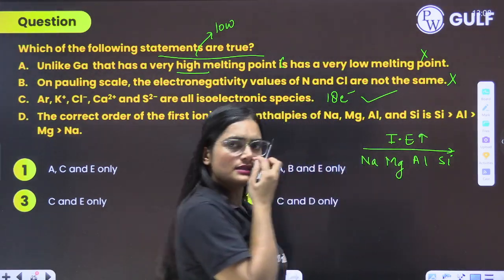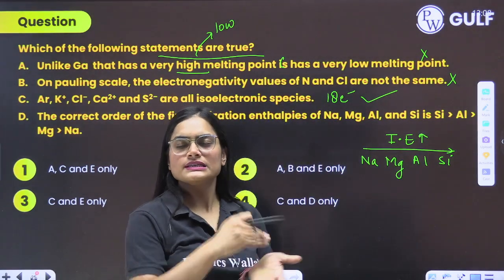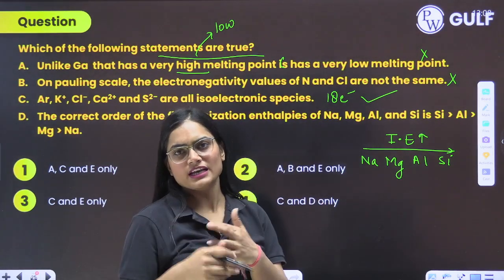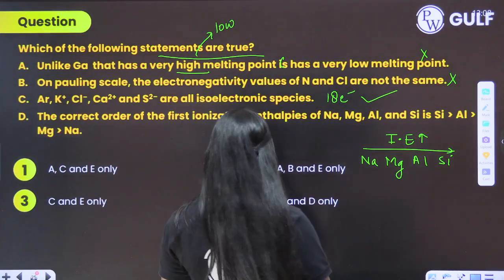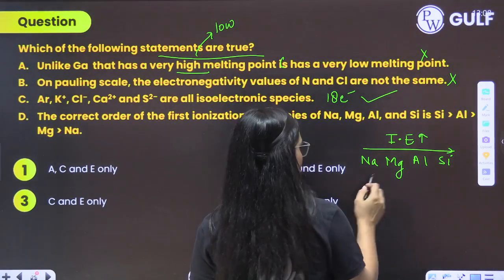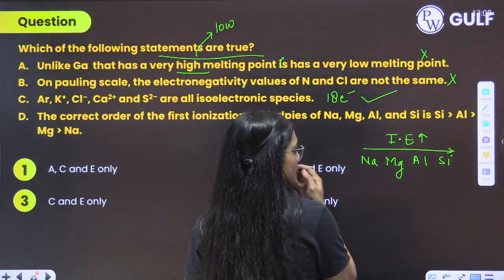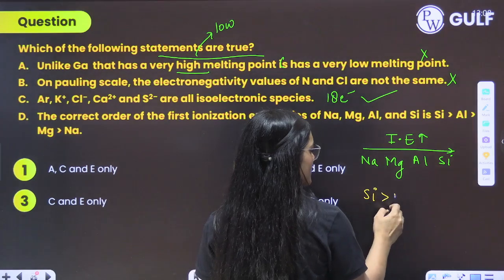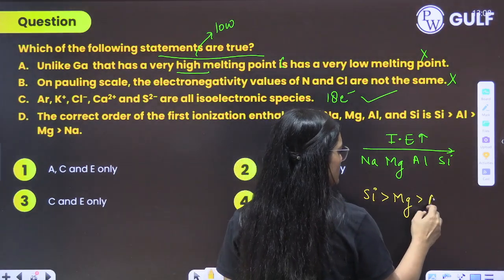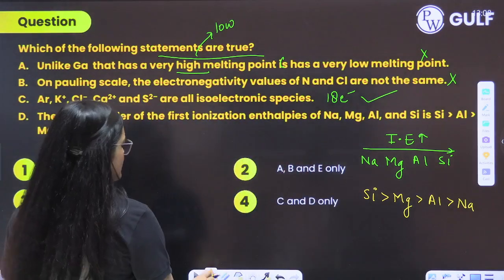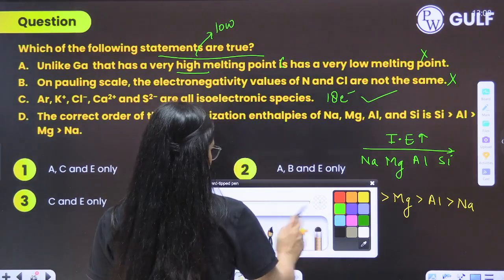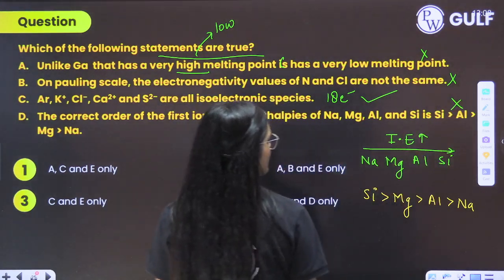But like you have studied in the second period, there is an exception that beryllium has more ionization enthalpy as compared to boron. Similarly here, the decreasing order of ionization enthalpy is silicon, then magnesium, then aluminium, and then sodium. So this statement is totally wrong.